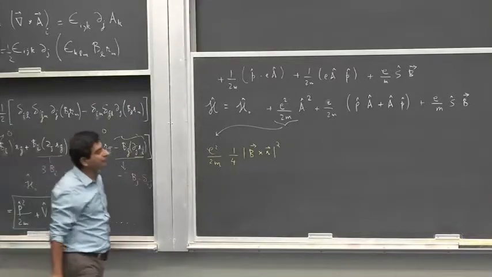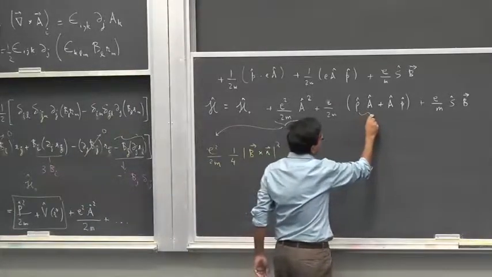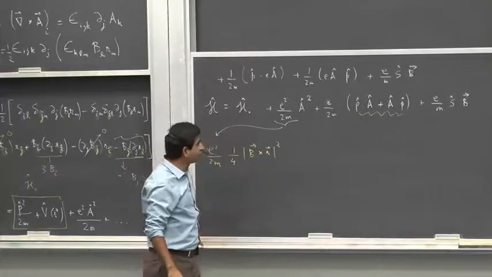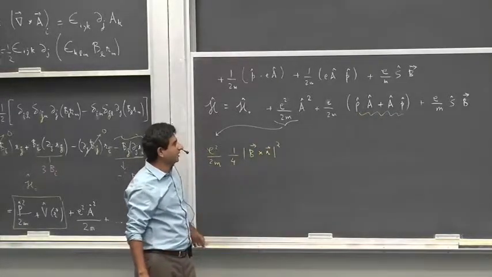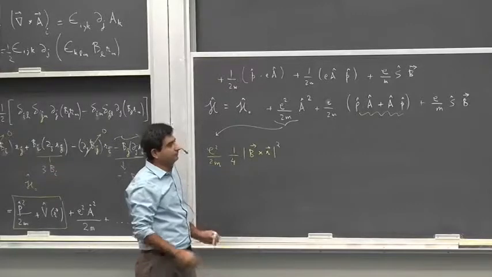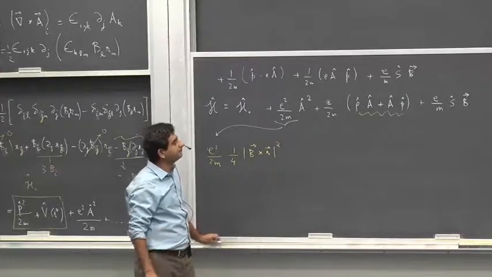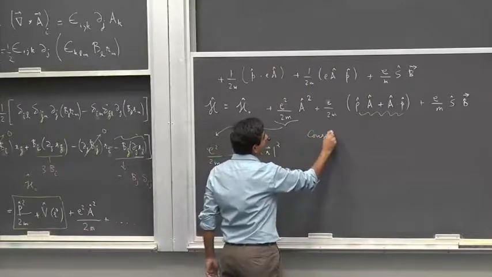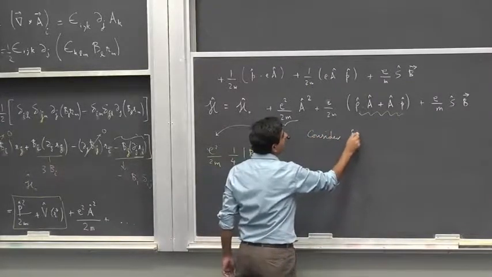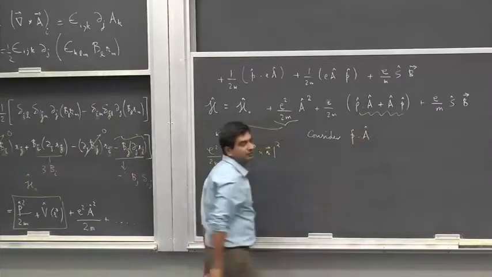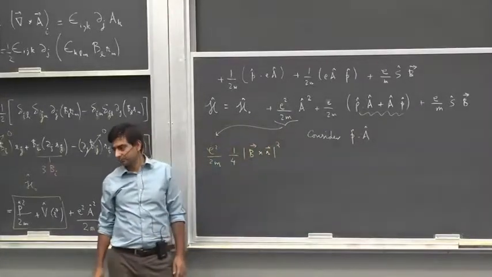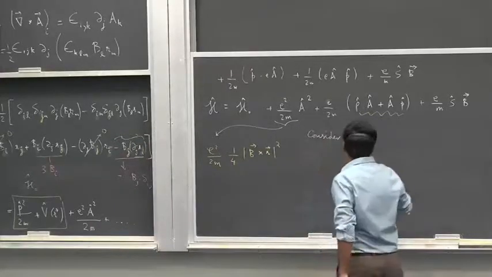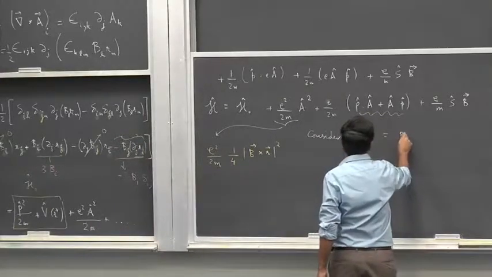Now I need to figure out these terms over here. Okay, now let's do that. First, if I consider P dotted with A, the dot product of these operators, this is P_i A_i.